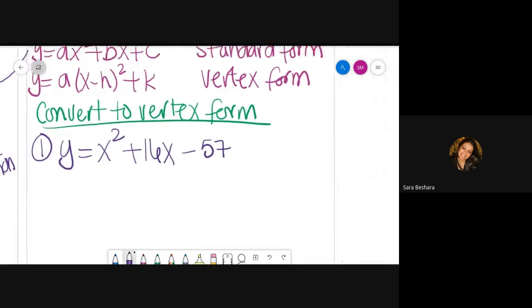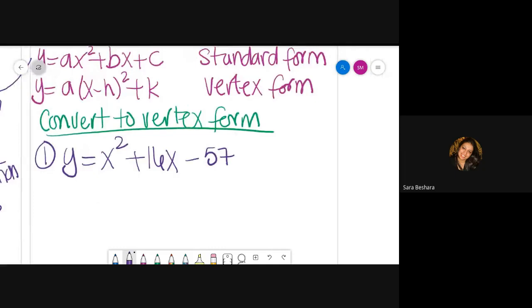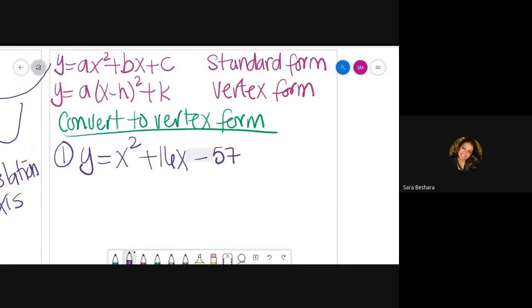All right. So how do I convert this to that? First, we're going to convert using a process called completing the square. I am hoping that everybody by now has heard that word before from at least your algebra teacher. Completing the square.